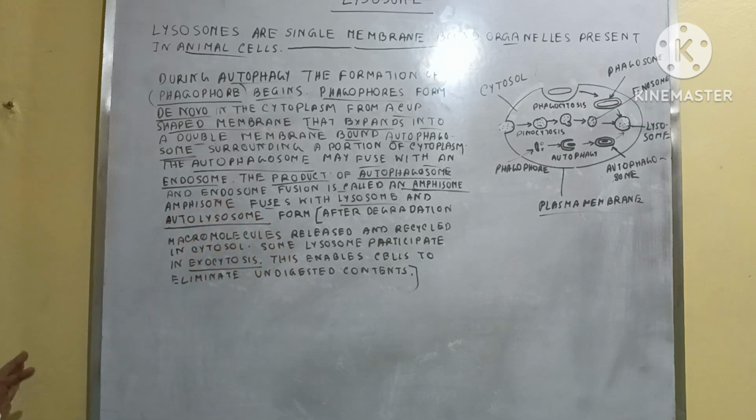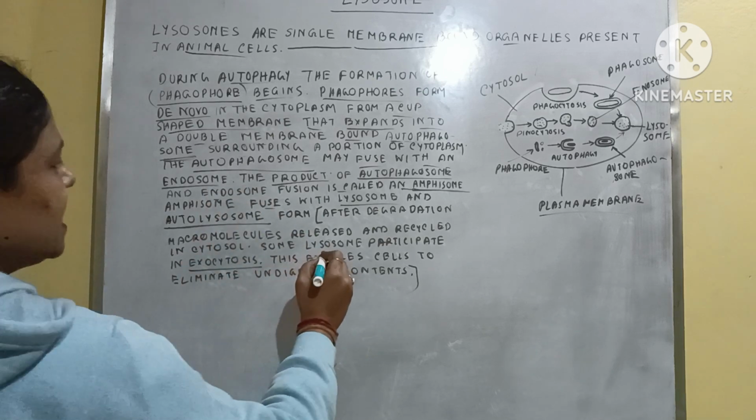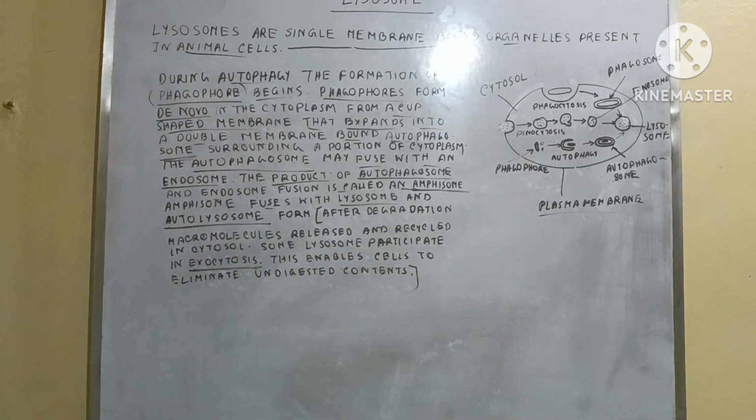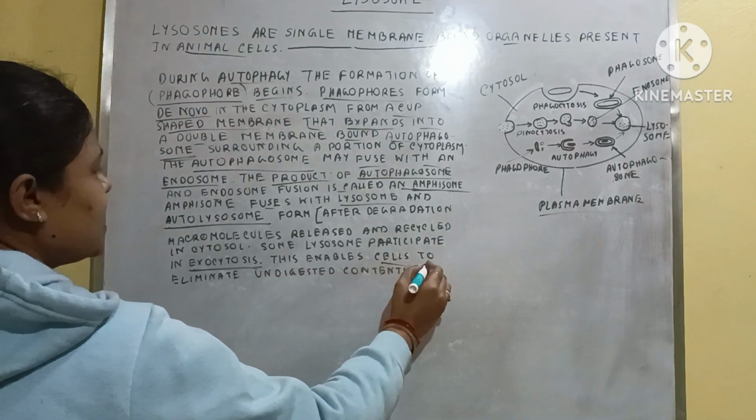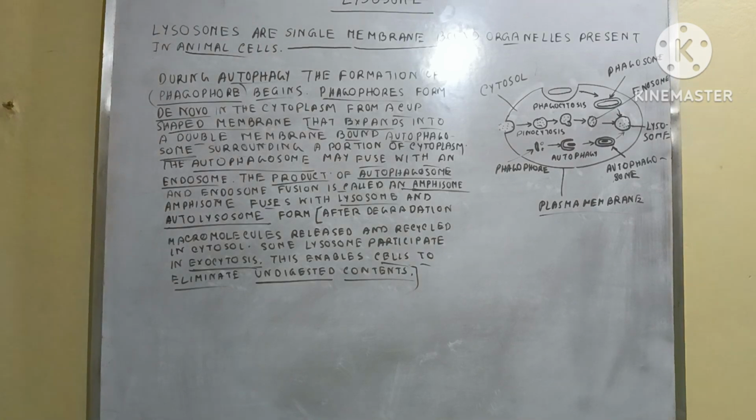And what is happening after the degradation of the material within the lysosome? What is happening with the remnant particles? Generally, some lysosomes participate in exocytosis, so this enables the cells to eliminate these undigested contents.